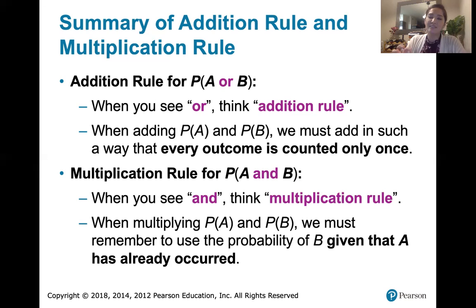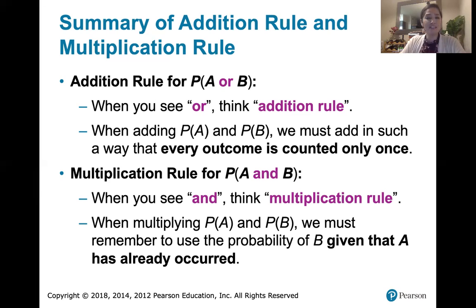And sometimes the fact that A has already occurred doesn't matter. That's when the events A and B are independent from each other. But there are other times when the probability of event A does affect the probability that event B occurs.